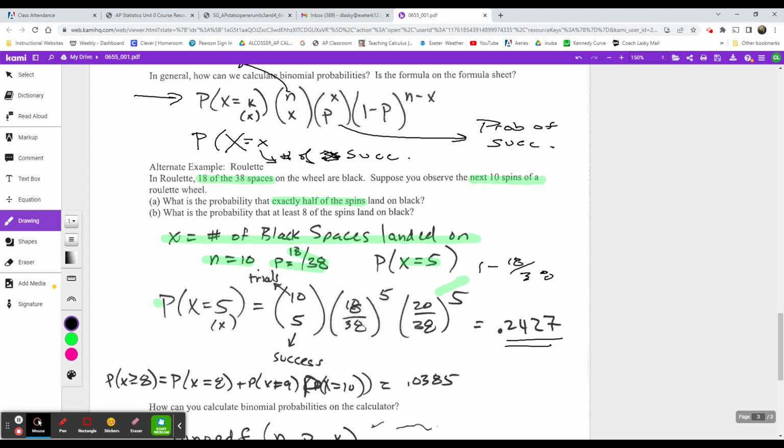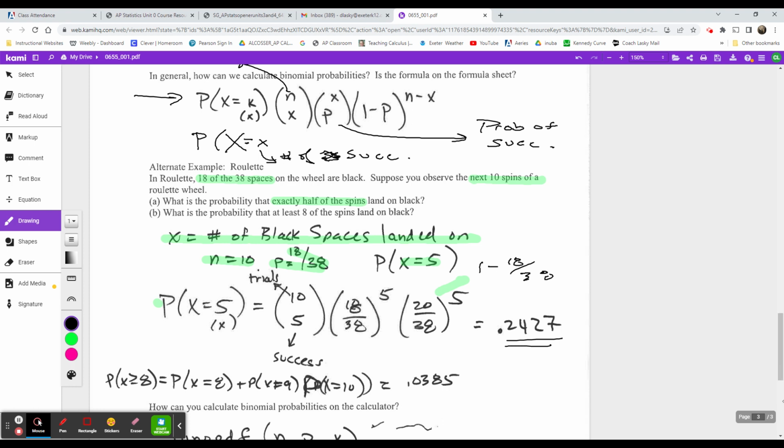Don't forget, you can just use the division sign for a fraction on these. So if you do 38 divided by that, I'm just going to double check my math here. That equals that. You times that by 20 divided by 38 to the 5th power, and that's going to equal that.